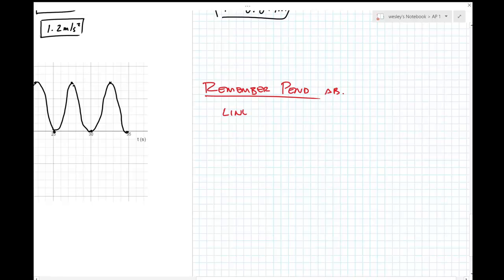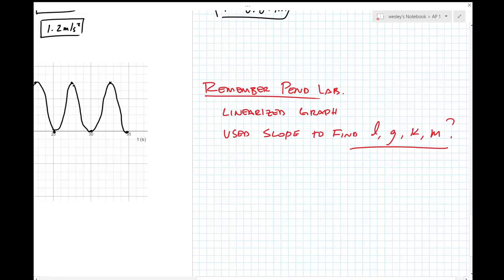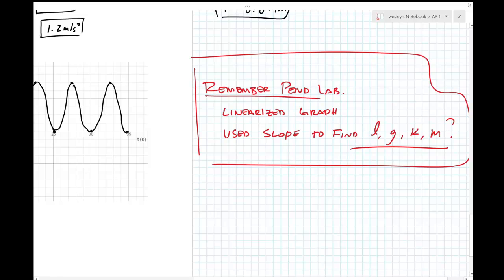We linearized a graph, and we used the slope, and we need to be able to use the slope to find L or g or k or m. We did that with the lab and we did that with the worksheet right after the lab.